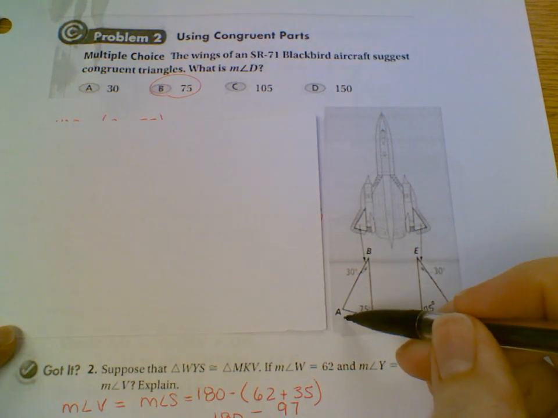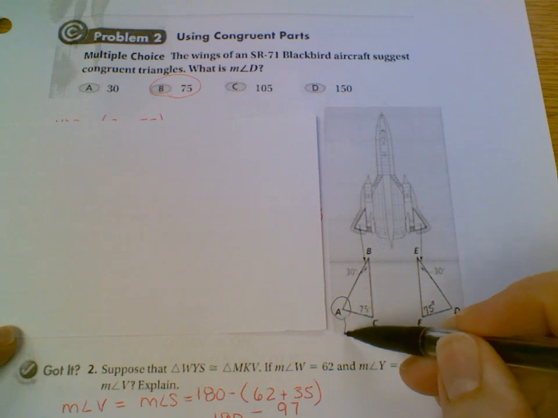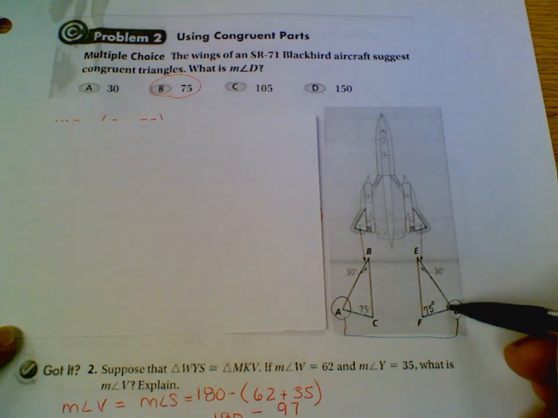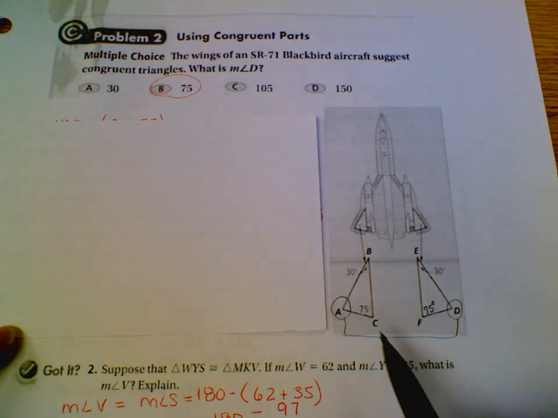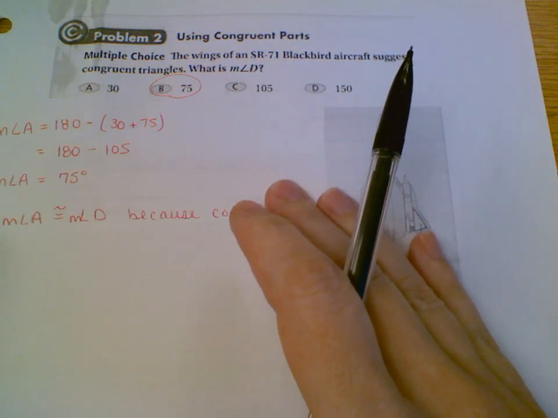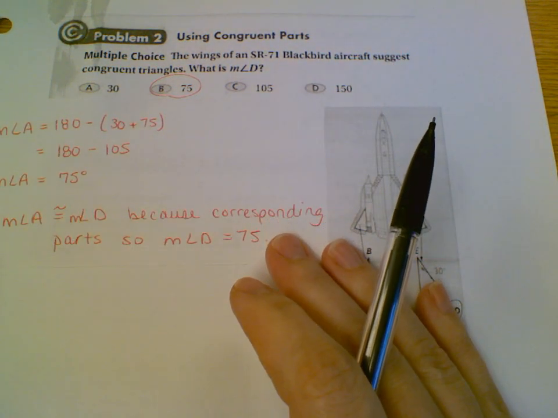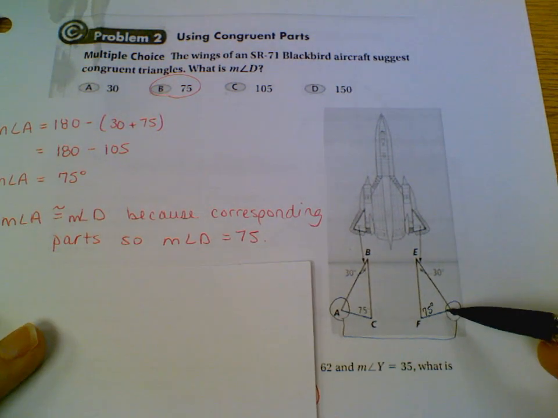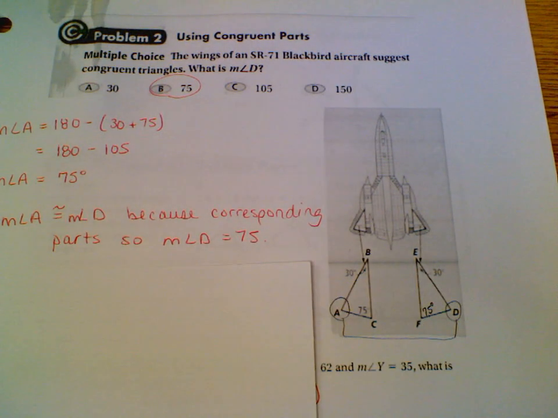So then I would just need to find A, which would correspond to angle D. What I could do is I know all three angles in a triangle add up to 180, so I could take 180, subtract away 30 and 75, and then get my answer. So I know angle D is 75 because A is 75 and they're corresponding parts.